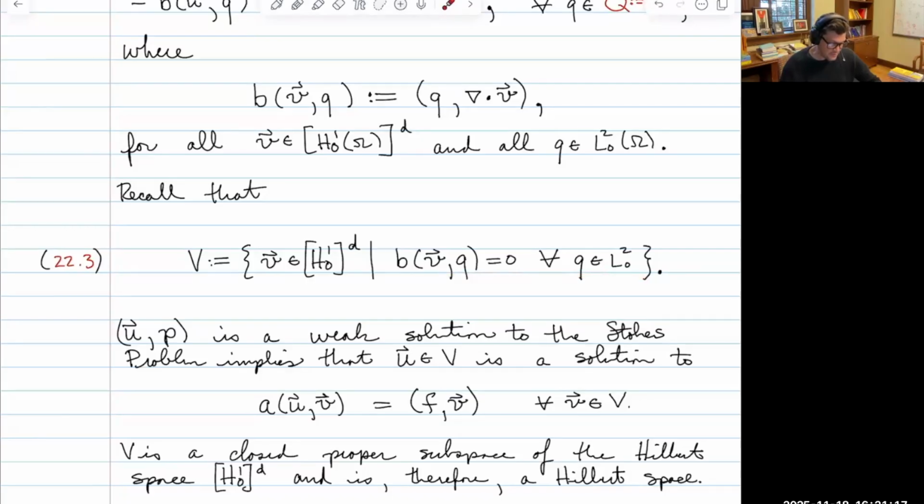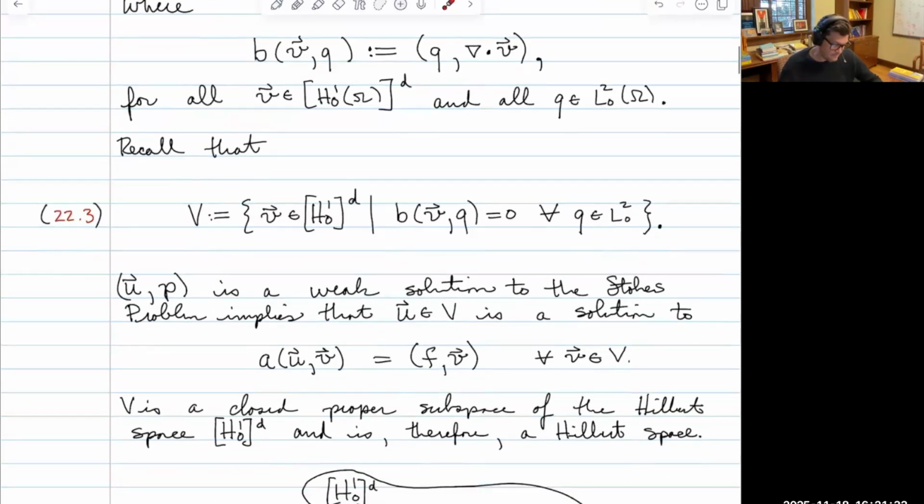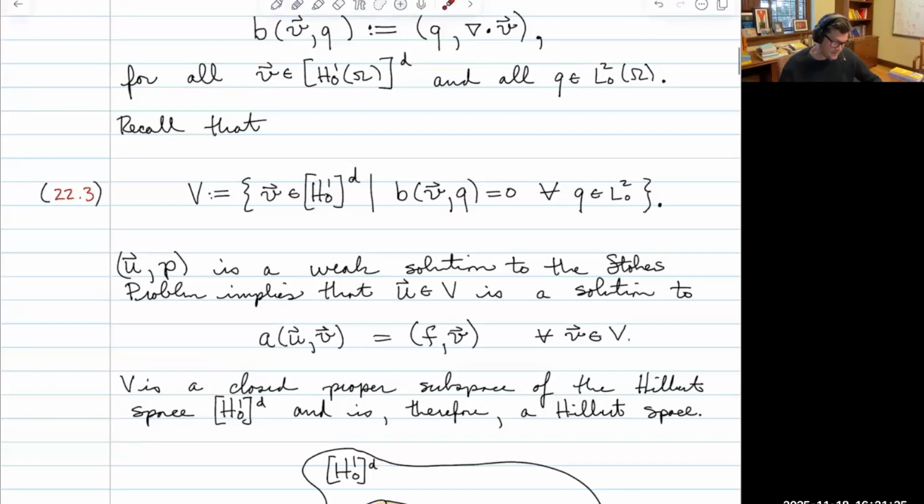So this is a special subspace. We characterized this last time. We said that V is a closed proper subspace of H01, and therefore it's a Hilbert space in its own right. And this allows us, as we explained last time, and I'm not going to go into all the details again, to characterize a related problem to our Stokes problem.